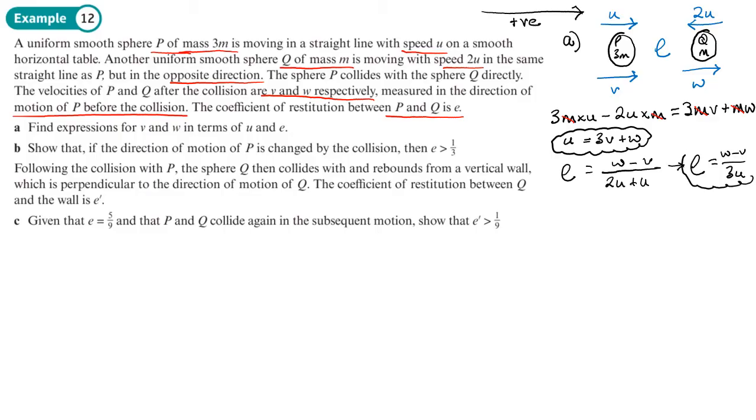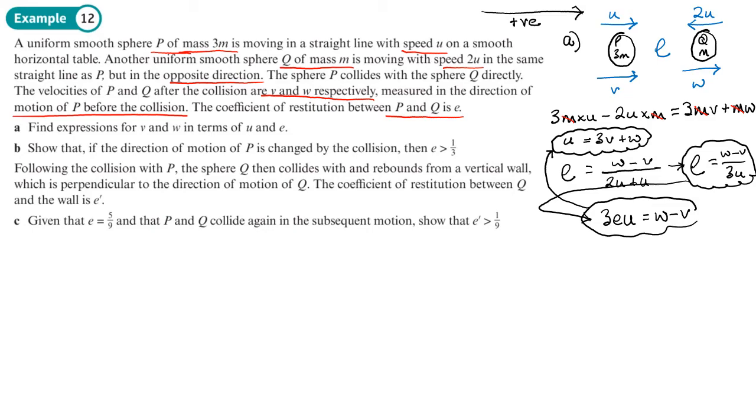So here's our second equation. If we take this coefficient of restitution, we can write 3eu equals w minus v, and we now want to substitute this into this equation to eliminate v and to eliminate w.